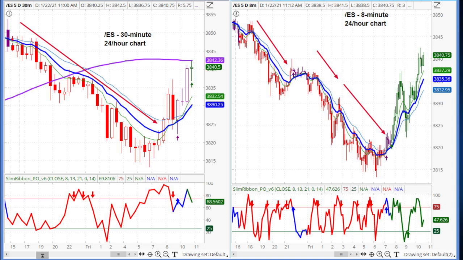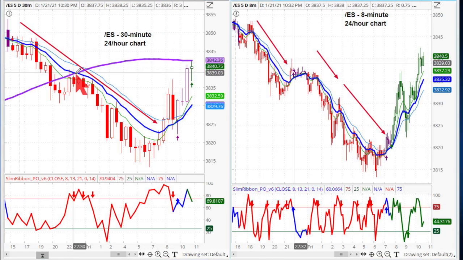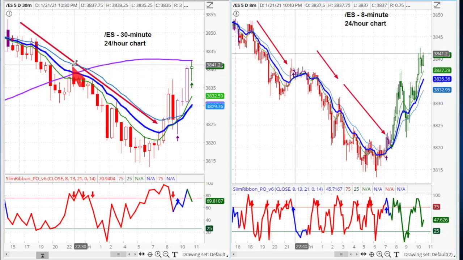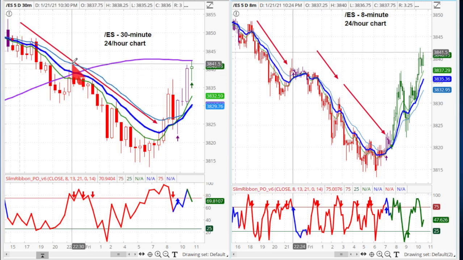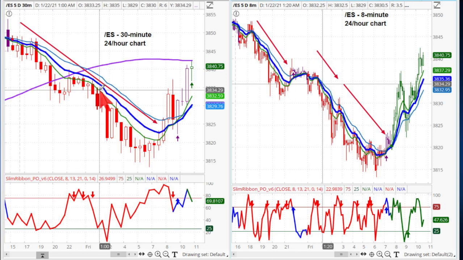The slim ribbon is one of our indicators that we created and absolutely love. It's made up of 3 moving averages: an 8, a 13, and a 21 EMA.